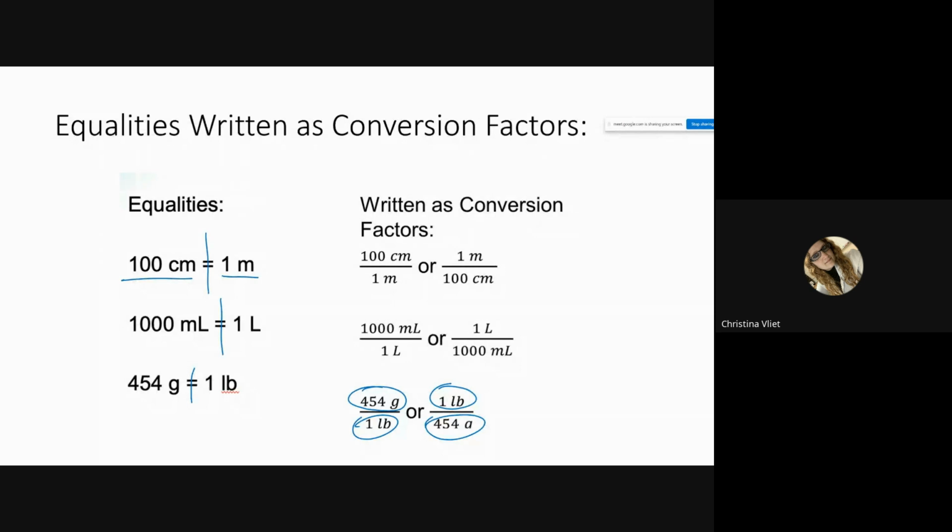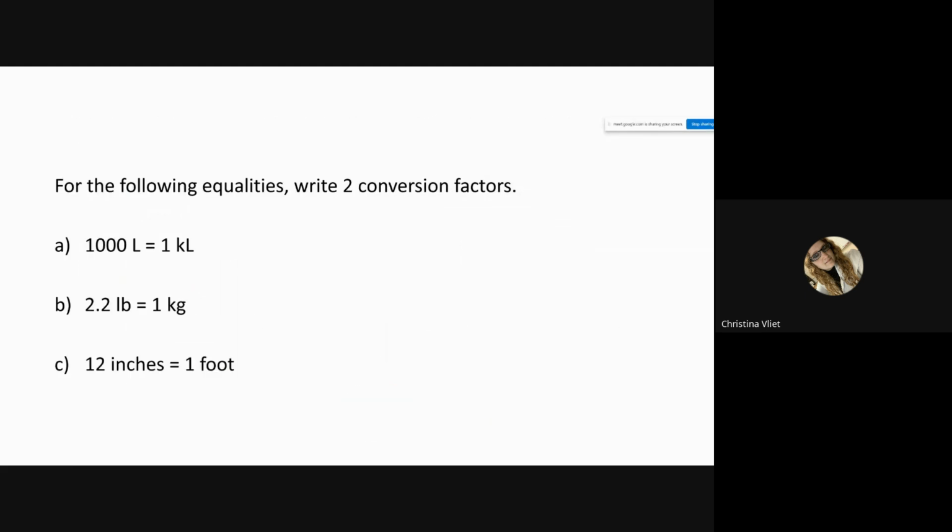But every equality can be written as 2 conversion factors. And so, as practice, on the next slide, you've got a couple to do yourself. Write each equality as 2 conversion factors. Try this yourself before moving on. We'll solve it and then continue to the actual solving of questions using conversion factors.